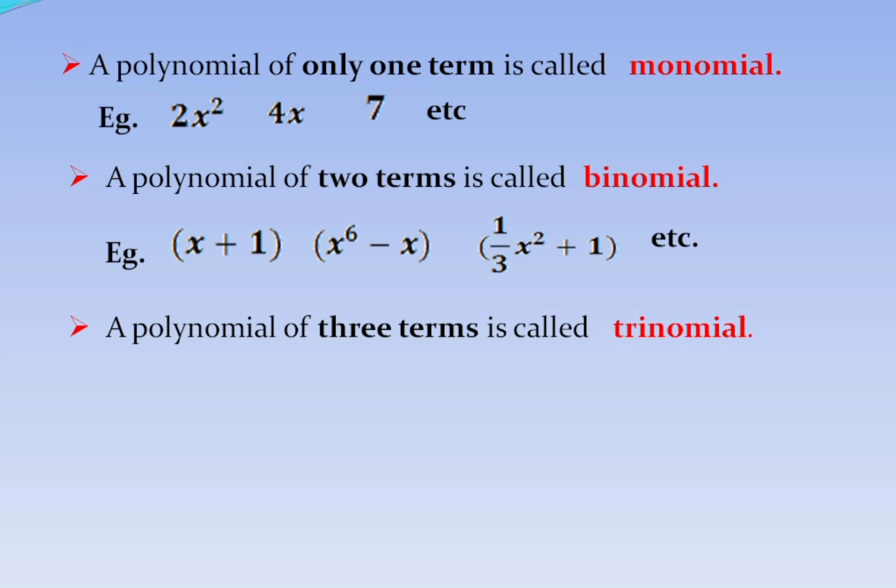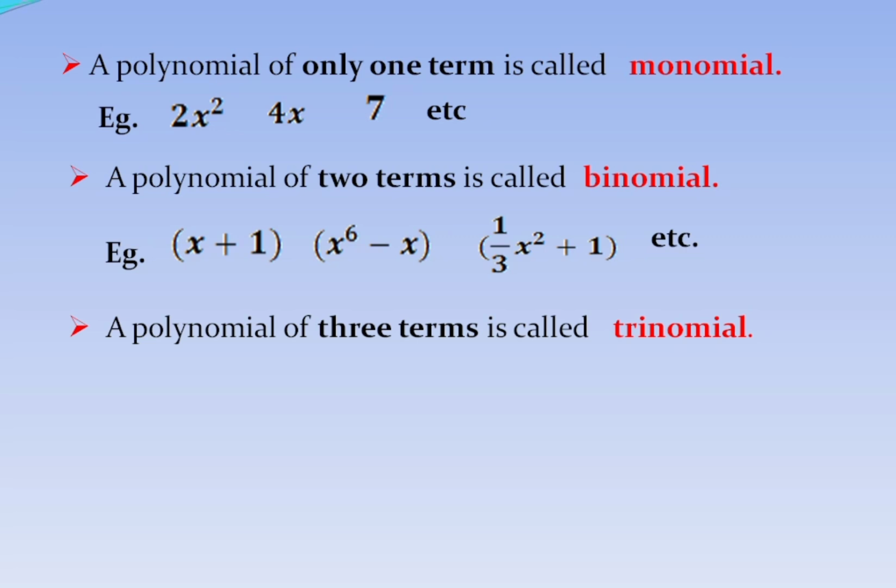If you see any polynomial of 4 terms, you can just say a polynomial of 4 terms, or a polynomial with 4 terms, and you are good to go. You can say a polynomial of 5 terms, a polynomial of 6 terms. But in the case of 1 term, 2 terms, 3 terms, you can give them these specific names. Yes, so take note of all this.